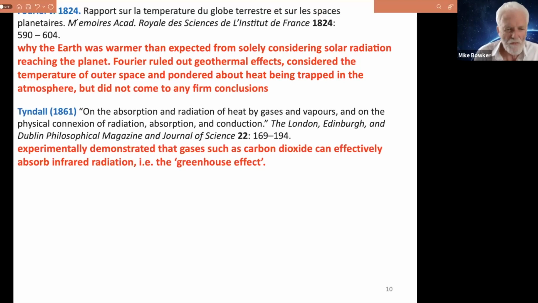In 1861, Tyndall linked the absorbance of radiation and heat by gases in the atmosphere, gases such as carbon dioxide, that they can effectively absorb infrared radiation, and may be the source of the greenhouse effect. He didn't call it the greenhouse effect at that point.